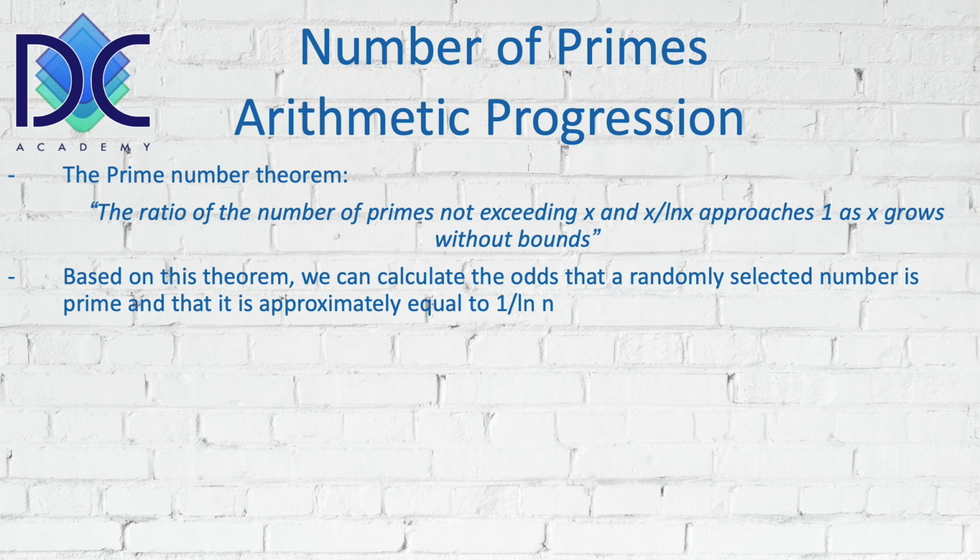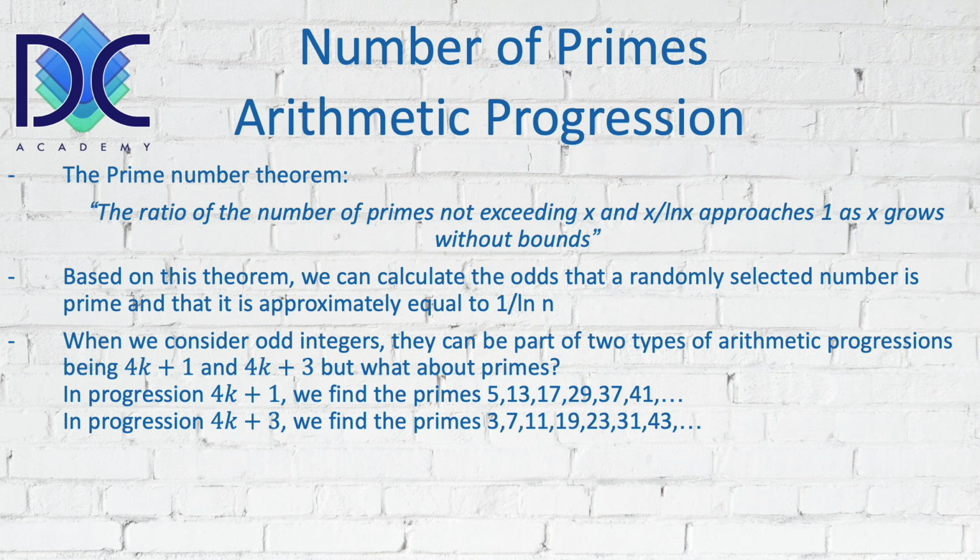Based on this theorem, we can calculate the odds that a randomly selected number is prime, and that is approximately equal to 1 divided by the natural logarithm of n. So when we select a number, we can have an idea of the probability that that number will be prime.